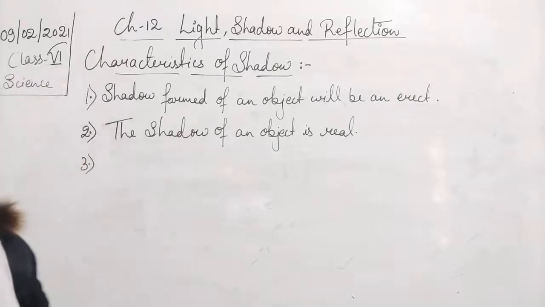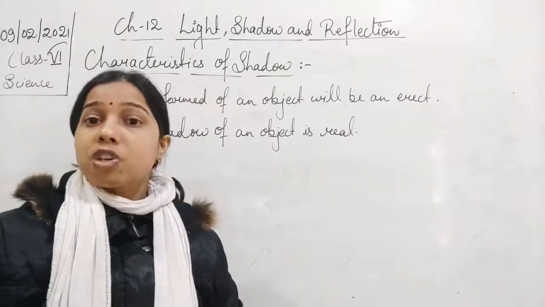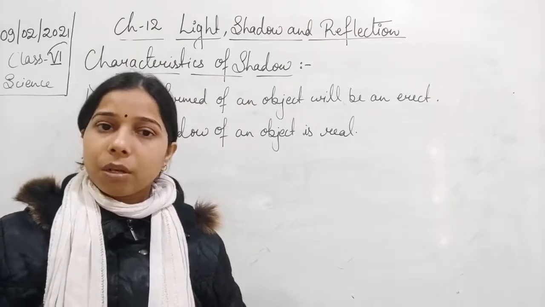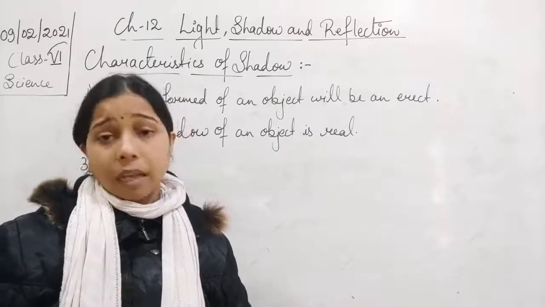Then the third one, that irrespective of the color of the object, shadow is always black in color. We have seen in case of a pinhole camera, the image formed has the same color as that of the object.